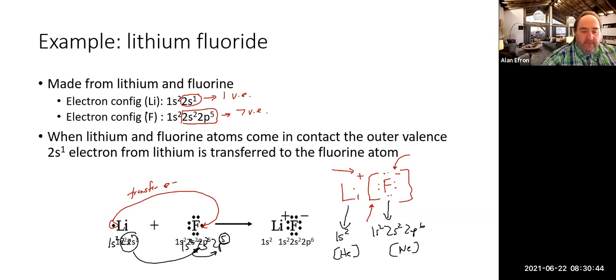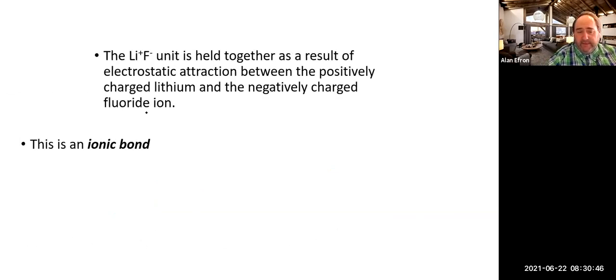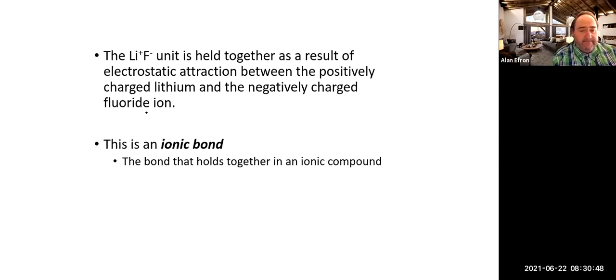So obviously what holds that together, as we've been talking about since this is an ionic bond, is the attraction between the positively charged lithium and the negatively charged fluorine. That positive-negative attraction between the two is basically what represents an ionic bond.